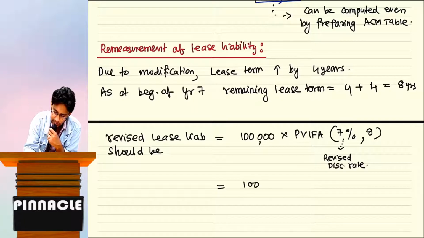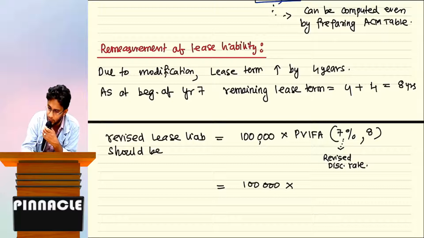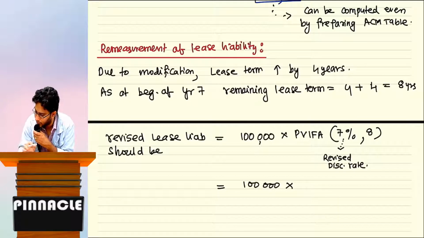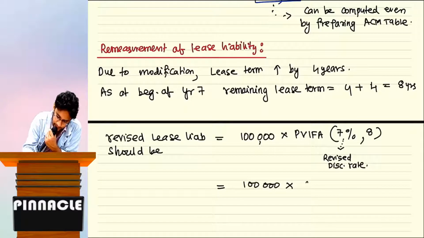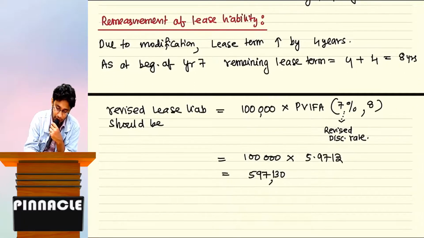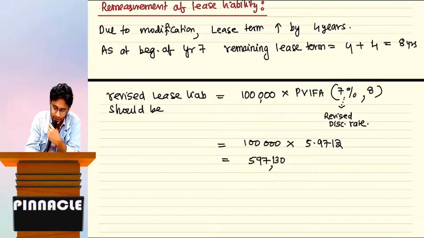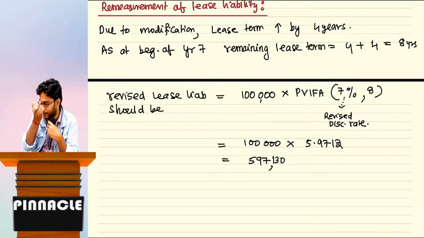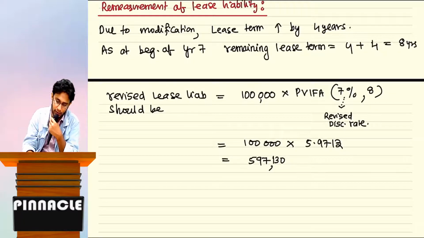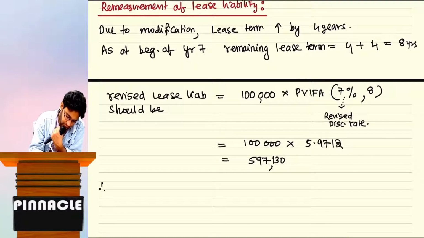How much is the discounted value, sir? 1 lakh into annuity factor, sir. 5.97 and 13, that's 597,130. What is your existing 346? So from 346,510, you got to update it to 597,130. Correct.